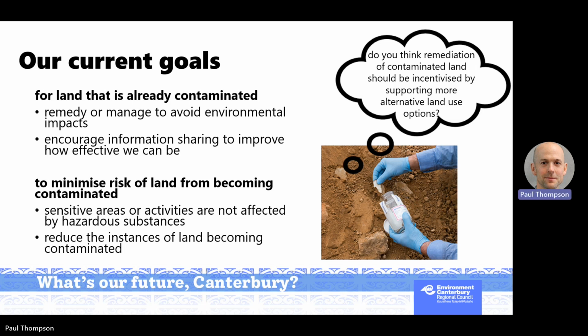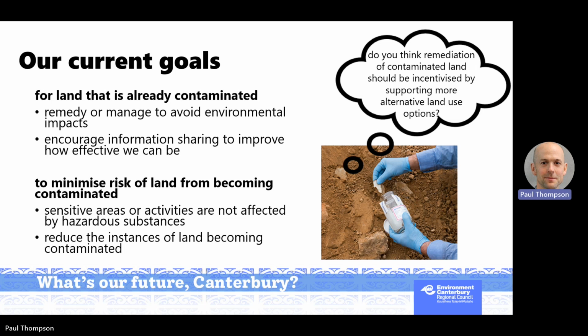The goal of the regional policy statement in relation to minimising the risk of land from becoming contaminated is that the planning framework works alongside other legislation specific to the use of hazardous substances and health and safety at work. The primary focus of the planning framework is to minimise the risks to sensitive environments or activities, such as, for example, high hazard areas, that's natural hazards, community drinking water protection zones, the coastal and marine area, and identified cultural sensitive areas.